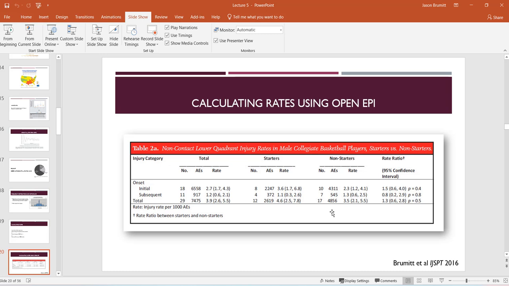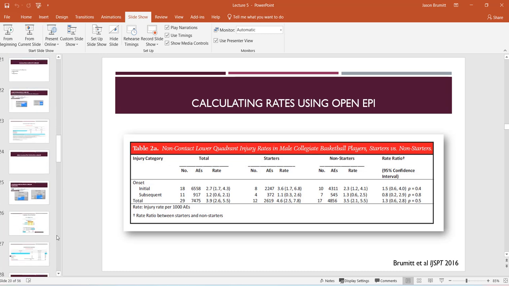Well, obviously, the study involved more than 18 people. I'm looking to see, is there a difference in the rate of injury in starters versus non-starters? In other words, I'm hypothesizing that starters are at a greater risk of injury because maybe they play more during games.